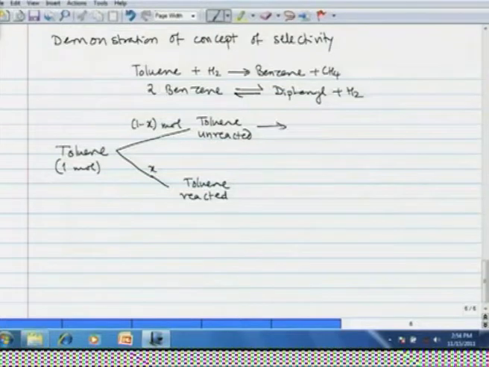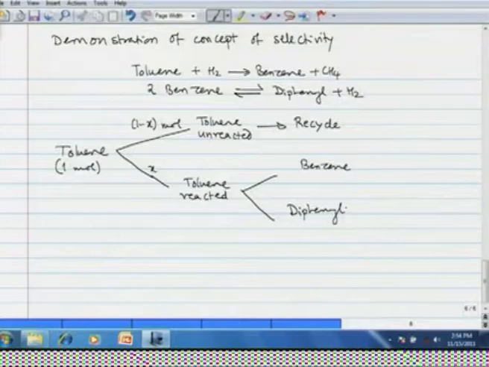Now, the unreacted toluene is separated and recycled. Out of the reacted toluene, some toluene forms benzene and some forms diphenyl.